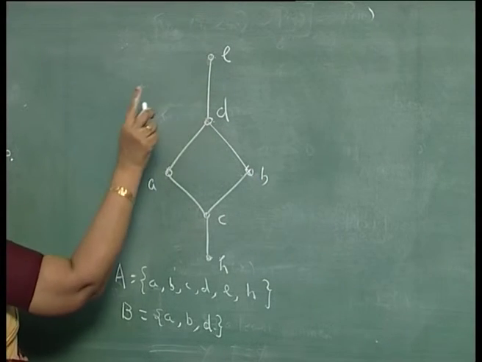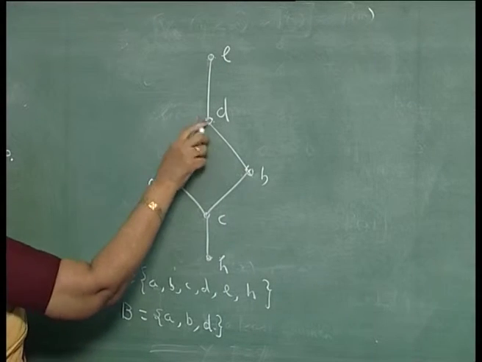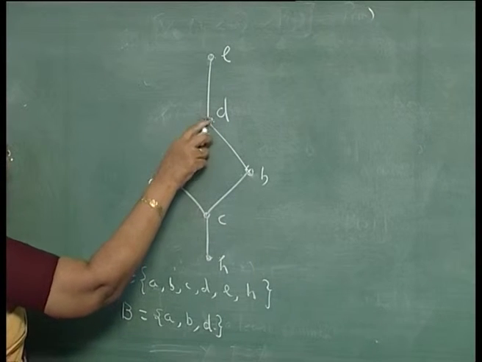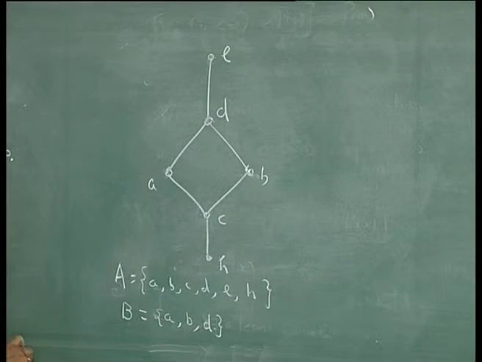So, E is an upper bound. If you take A, B, D, everything is less than or equal to D. So, D is also an upper bound. E is also an upper bound, D is also an upper bound, but D is the least upper bound.